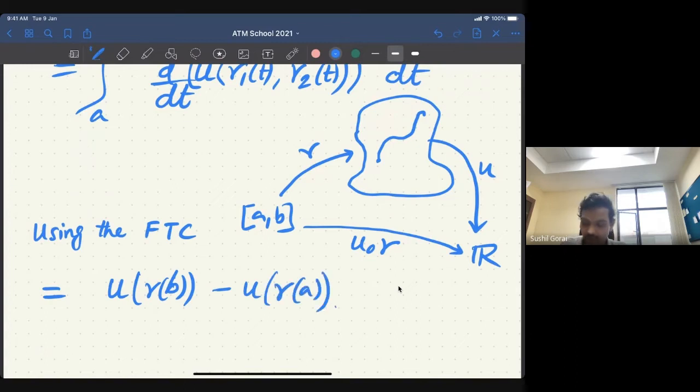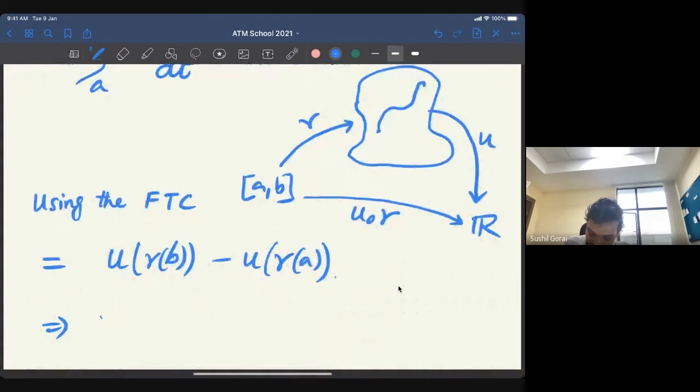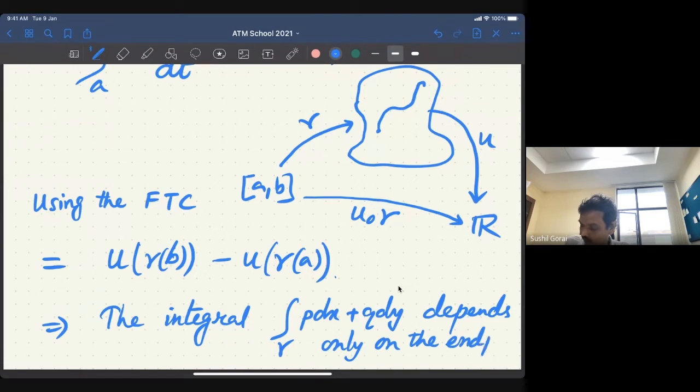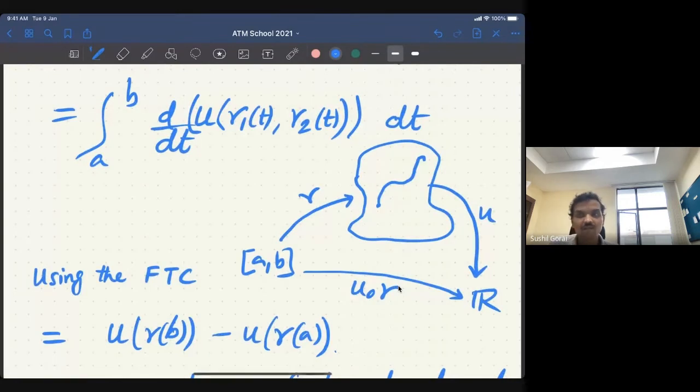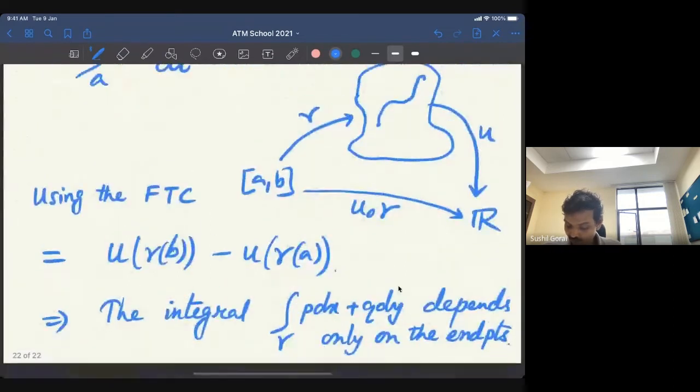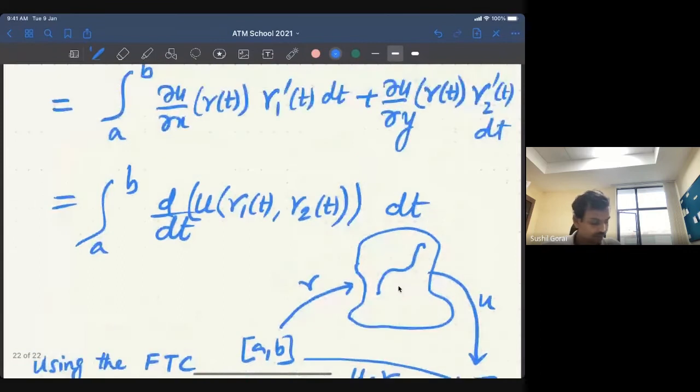All right, this implies the integral over gamma of p dx plus q dy depends only on the endpoints. If you are confused about the chain rule, you can look at Spivak's Calculus on Manifolds. It is given in a more general form and is very easy. Okay, so this proof is fine.